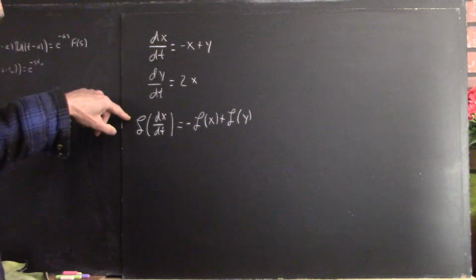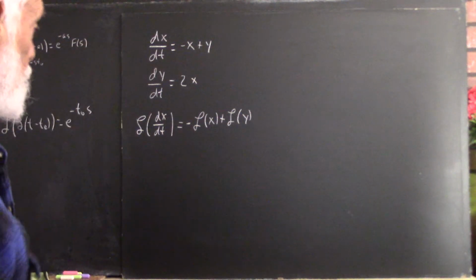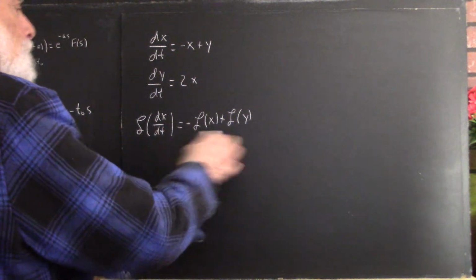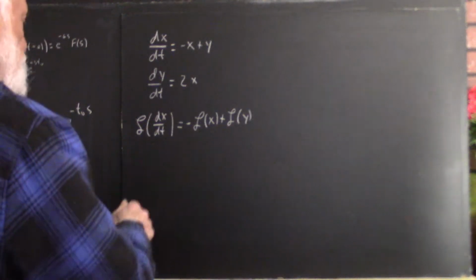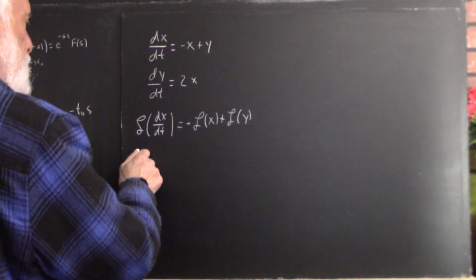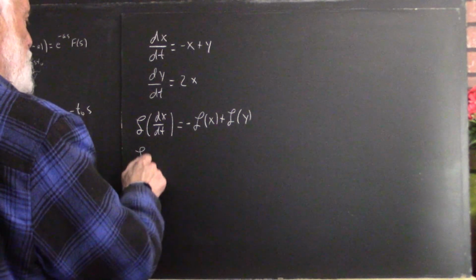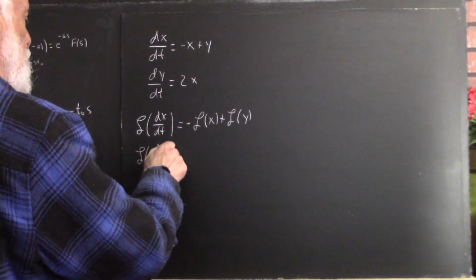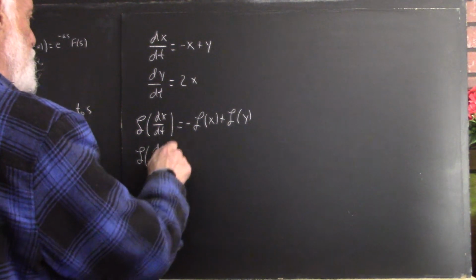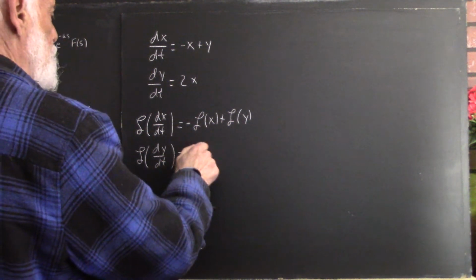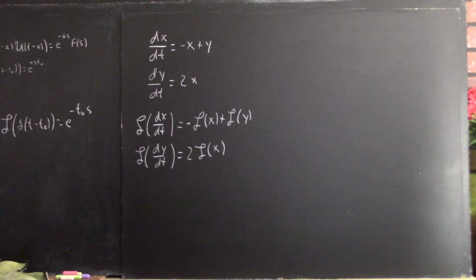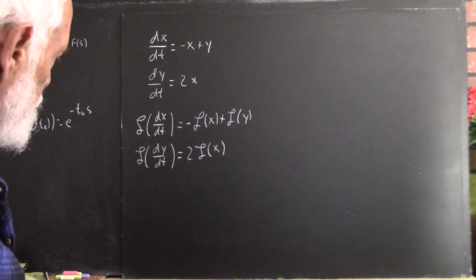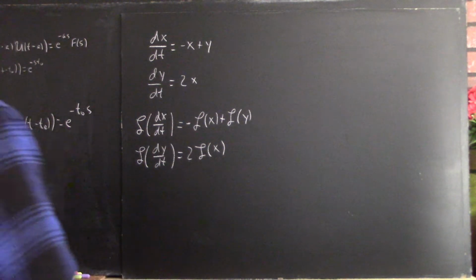Okay, well, that's your first equation. It's transformed. Well, I'll complete the transform in a minute. And we have some initial conditions, but we'll worry about that in a second. Okay, then we have the Laplace transform of dy/dt equals 2 times the Laplace transform of x. All right, I think I've done everything correctly.